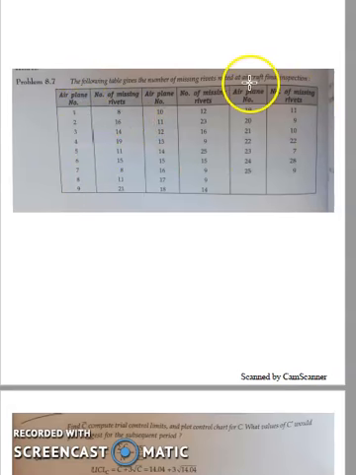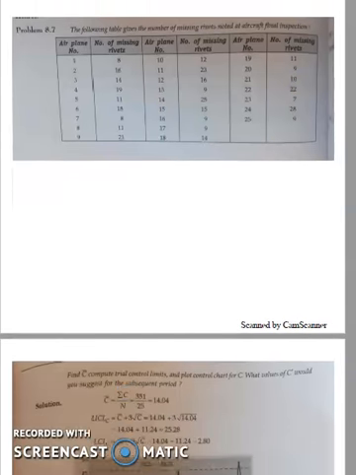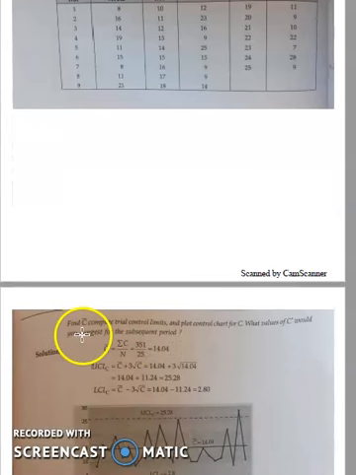In this way there are a total of 25 aeroplanes with the number of rivets missing, and it is asked to compute c-bar, compute trial control limits and plot the control chart for C. What values of C should you suggest for the subsequent periods?